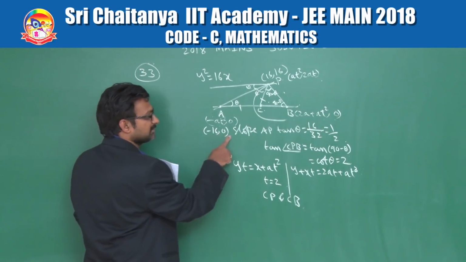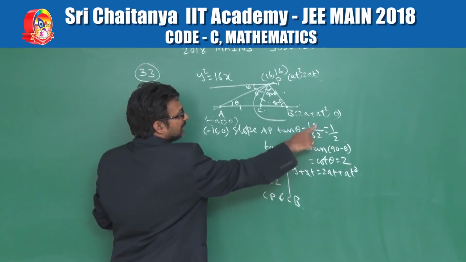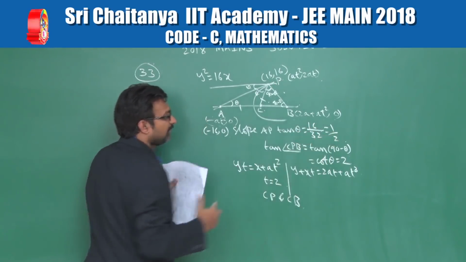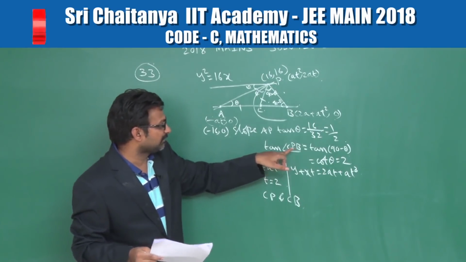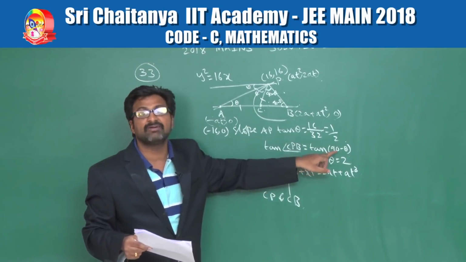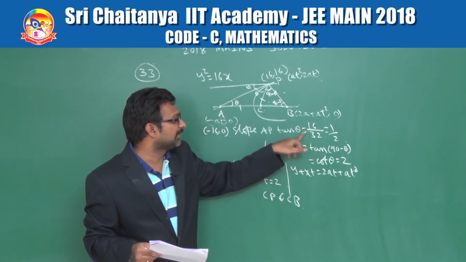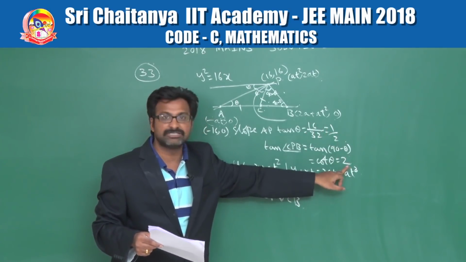Therefore, this is minus 16 comma 0. So, slope of AB is equal to tan theta, that is 16 by 32, that is half. Therefore, tan of angle CPB from the triangle CPB is tan of 90 minus theta. Tan of 90 minus theta is cot theta, that is nothing but 1 by tan theta, that is 2.